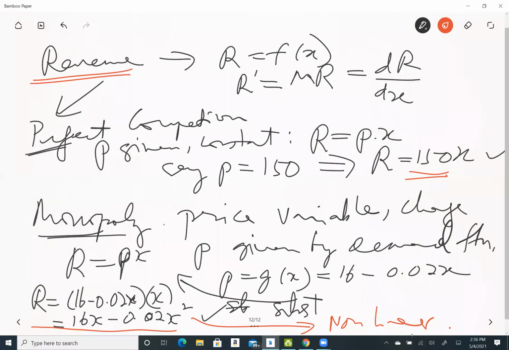All right. So again, if you look at that example, number 1, you have the revenue equal to 16x minus 0.02x squared. So the marginal revenue can be computed easily.